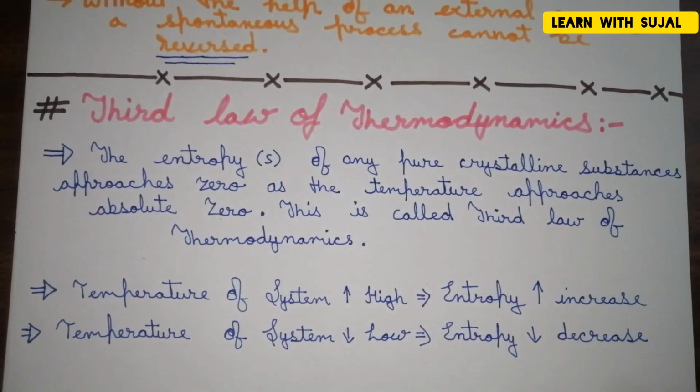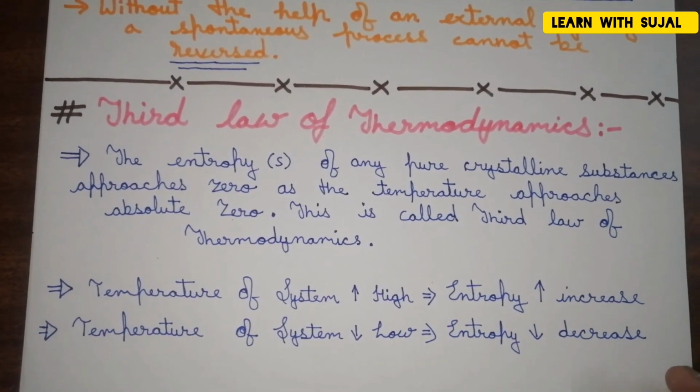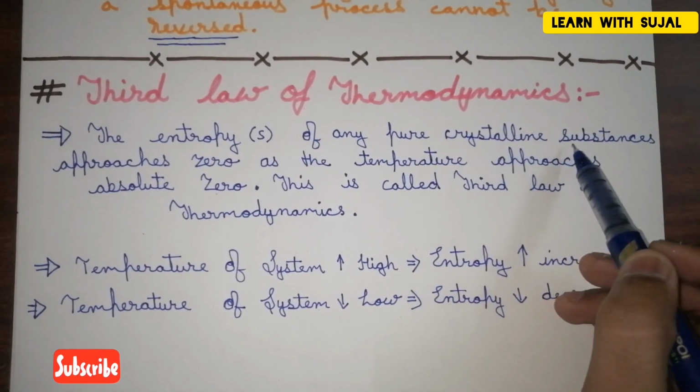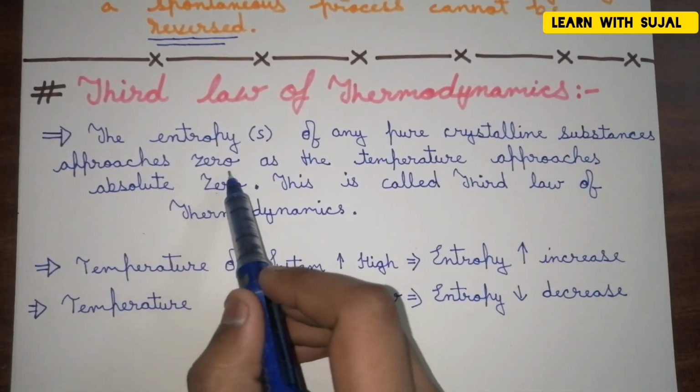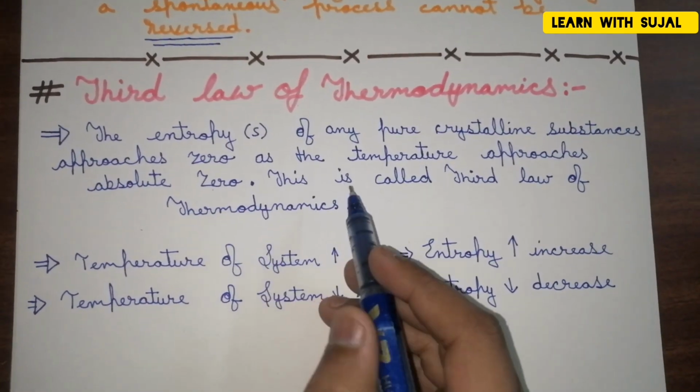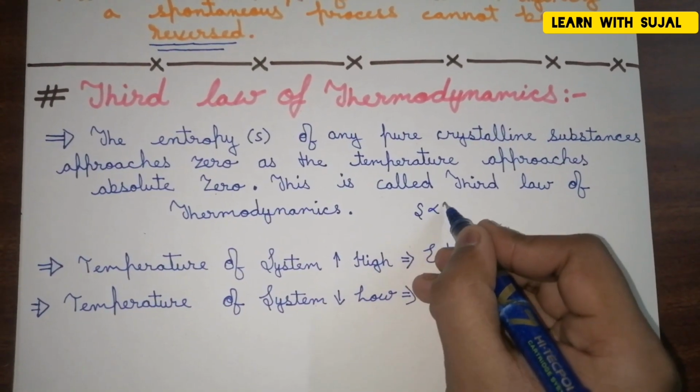Now we will discuss the third law of thermodynamics. The third law states that the entropy of any pure crystalline substance approaches zero as the temperature approaches absolute zero. It means entropy is directly proportional to temperature.